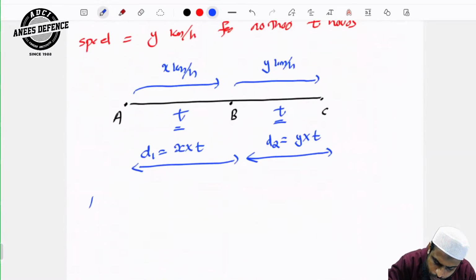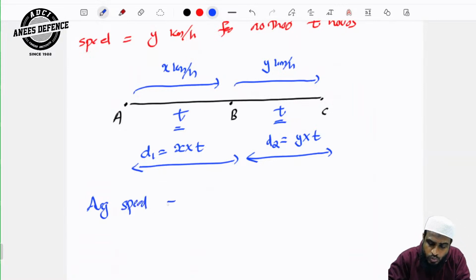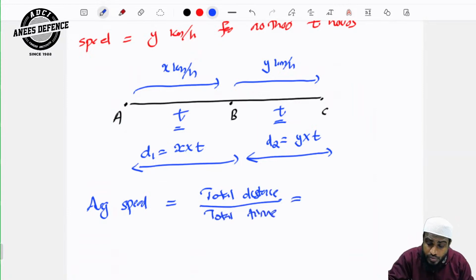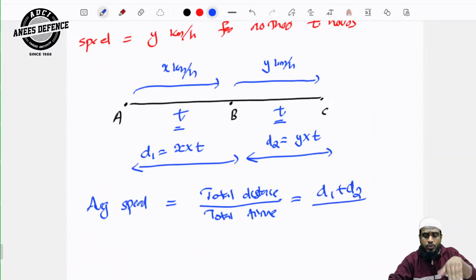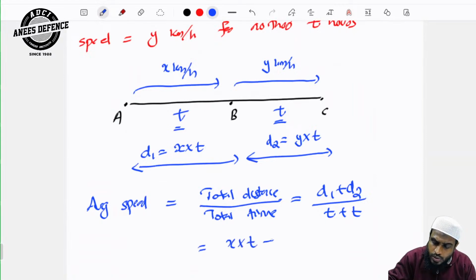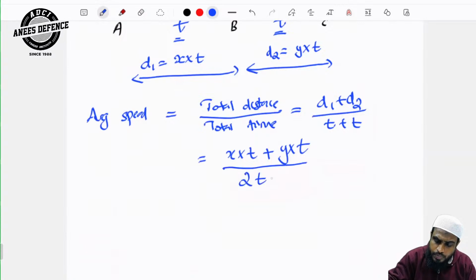So d1 can be written as x into t and d2 as y into t, divided by 2t.